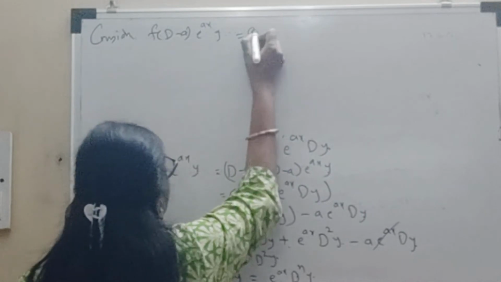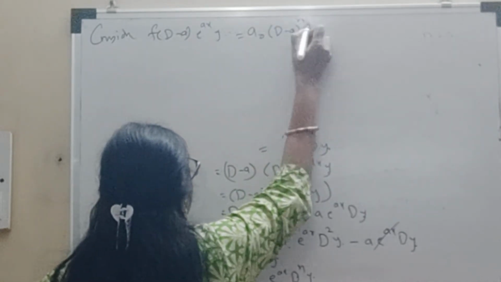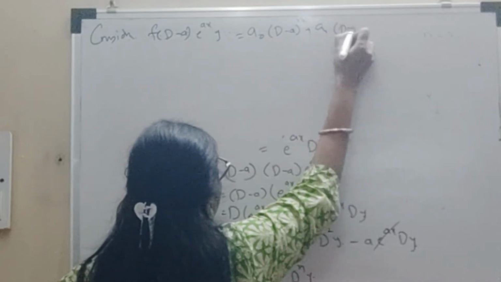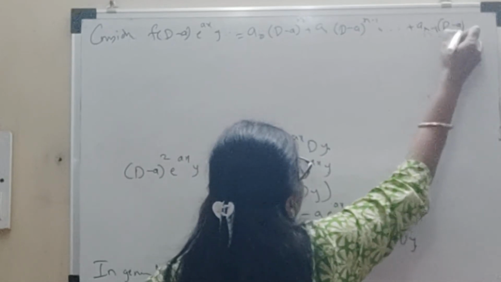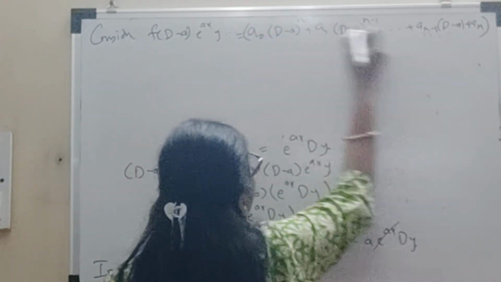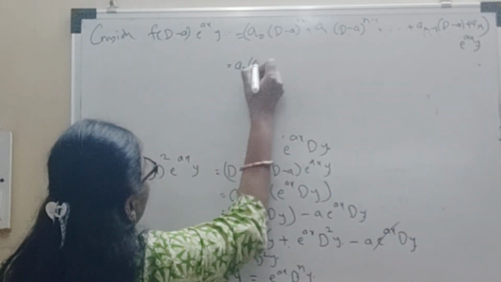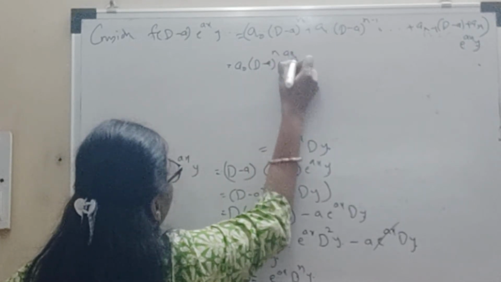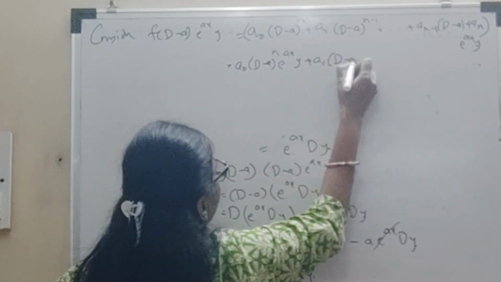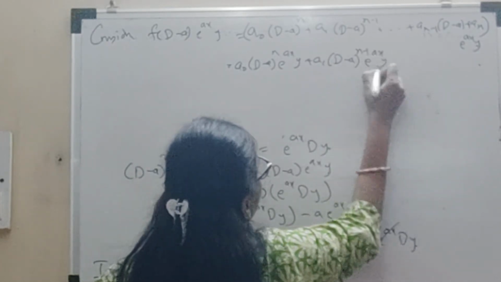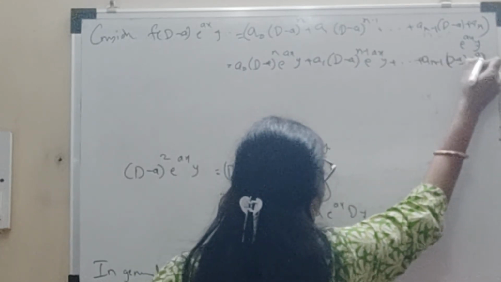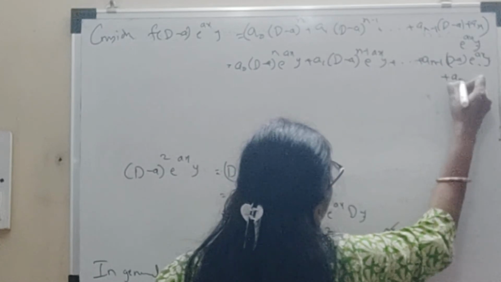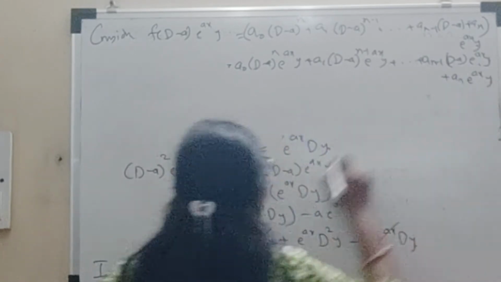So that is nothing but a0(D − a)^n + a1(D − a)^(n−1) + ... + a(n−1)(D − a) + an, and this whole term operates on e^(ax)·y. That is nothing but a0(D − a)^n operating on e^(ax)·y plus a1(D − a)^(n−1) e^(ax)·y plus so on, plus a(n−1)(D − a) operating on e^(ax)·y, plus an·e^(ax)·y.